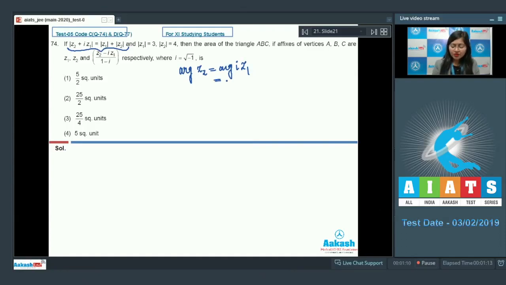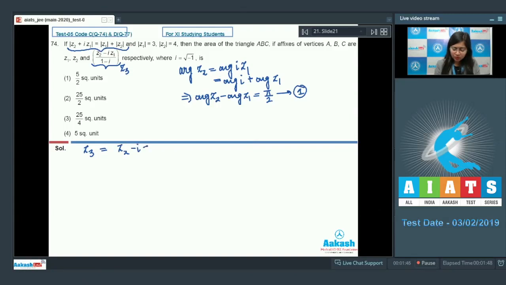So, solving this further, we can write it as argument of iota plus argument of z1, right? That is, we can rewrite it as argument of z2 minus argument of z1 is equal to argument of iota, that is pi by 2, right? So this is the first equation that we get from here. Now, let us assume this third vertex C as z3, that is, z3 is equal to (z2 minus iota z1) upon (1 minus iota).